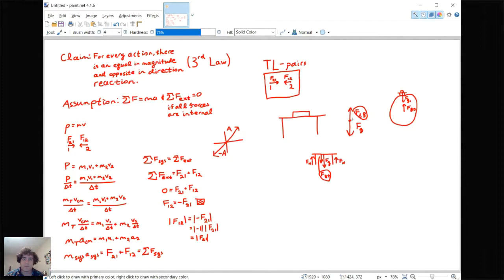And in the same case, you can talk about the table and the Earth. If you look at the free body diagram of the table on the Earth, you'll see that there's a normal force the Earth is exerting on the table, and a normal force the table is exerting on the Earth, and those are third law pairs. So that's a pretty common misconception.